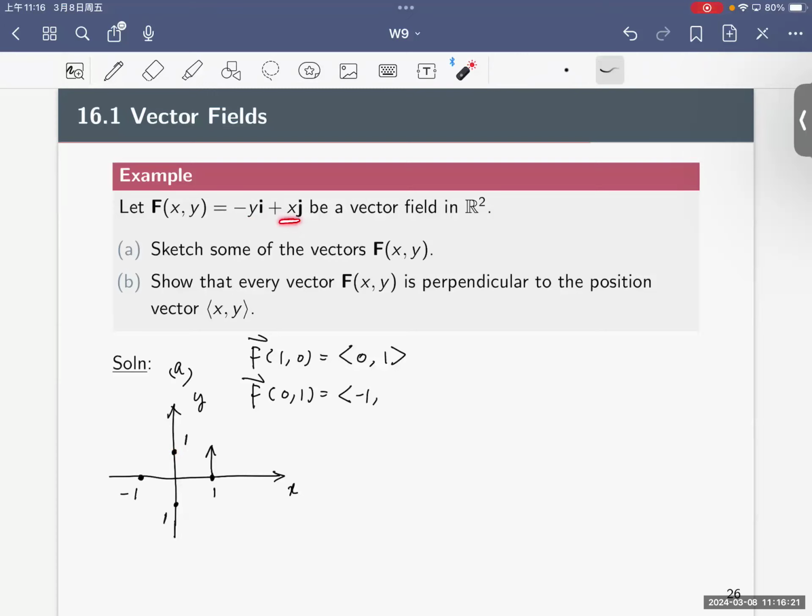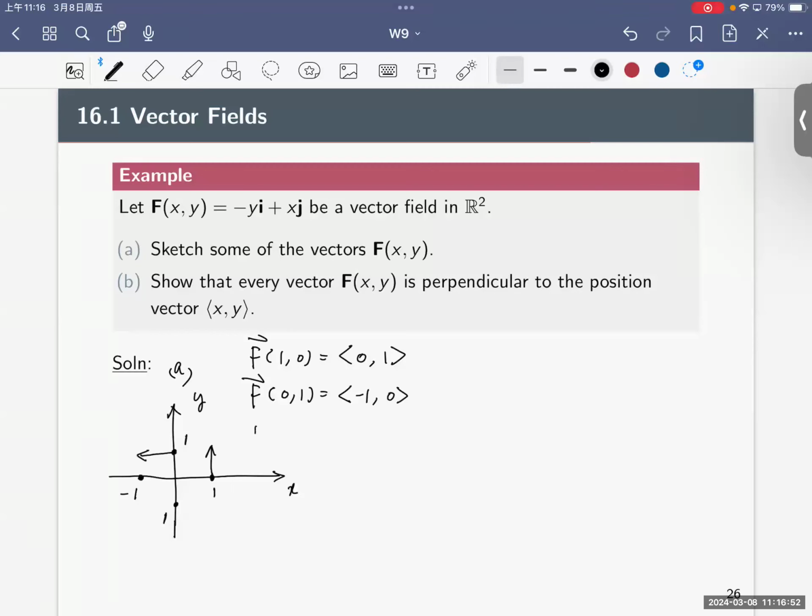Sorry, x is equal to 0 here, so there's no j component: -1, 0. So I draw this vector at this point. It goes -1 units along the x direction. There's no displacement in the y direction. So this is the vector at that point.